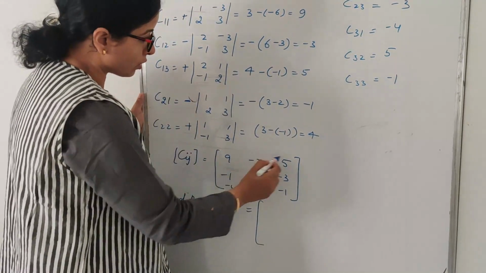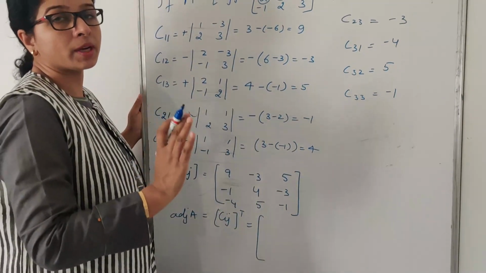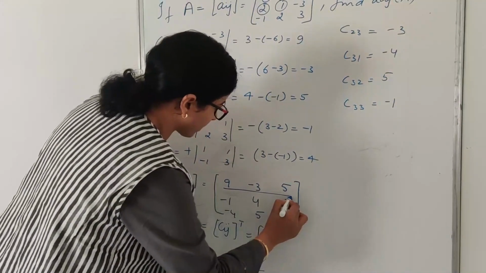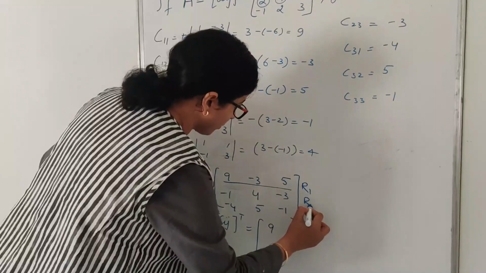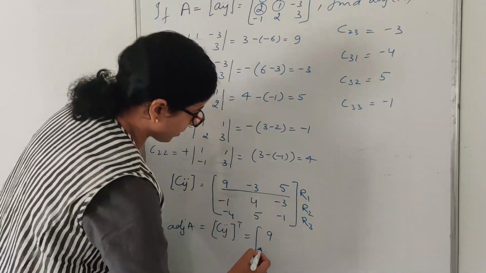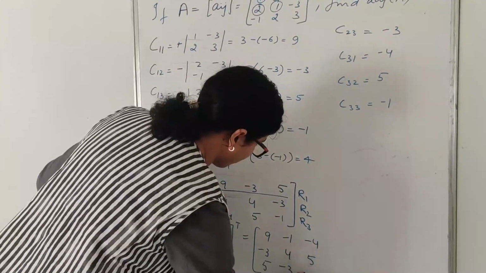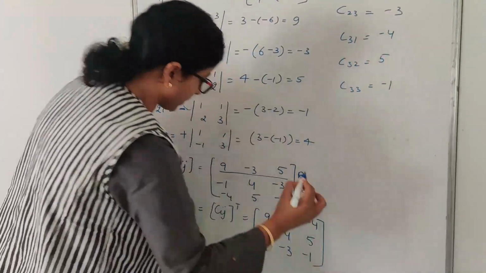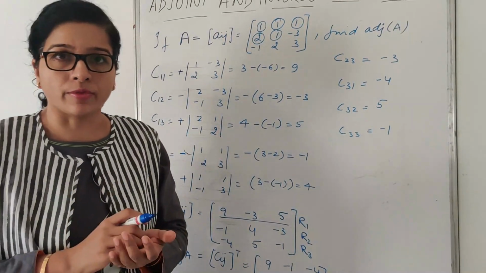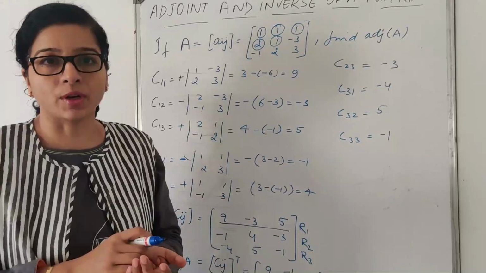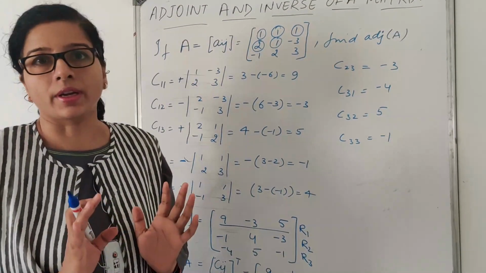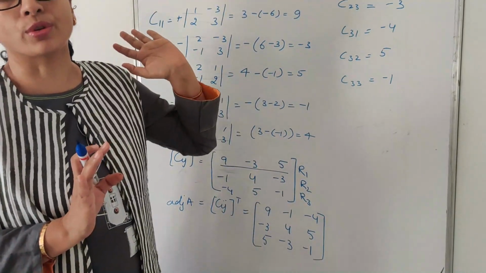It means my rows will become the columns and columns will become the rows. So R1, 9, minus 3, 5, will become C1. Is that clear? For the adjoint of A, first find the cofactors, then frame the cofactor matrix, and transpose it to get the adjoint of A. Similarly, you can do it for a 2 cross 2 matrix.